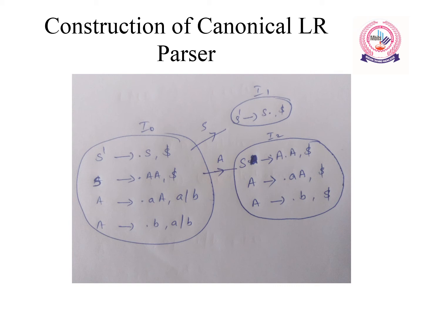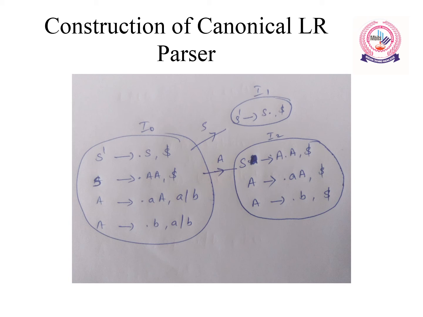Since we are doing a goto, whatever the lookahead was in our previous state will be the same in our new state. So this dollar will be same as this dollar. Then according to the closure property of dot A, we need to expand A, so we can write A gives dot AA and A gives dot B.